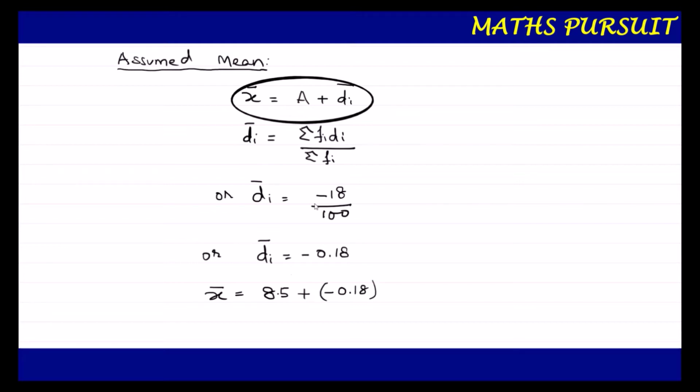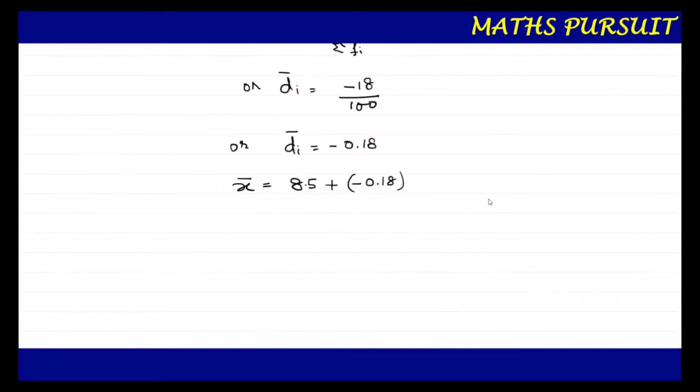So that is what I'm going to add now. Mean is equal to 8.5 minus 0.18, or I can write mean is equal to 8.32. This is what we got as the mean. We got mean is equal to 8.32.